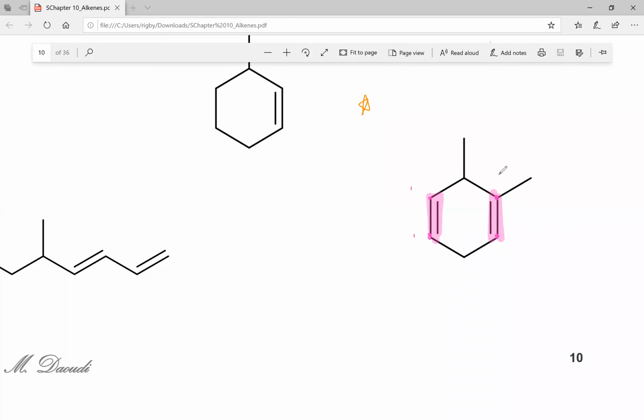So like 1, 1, 1, 1. But the way that we determine which one is going to be 1 is we look at which one's the most substituted. In this case, it would be this guy right here. So we go 1, 2, 3, 4, 5, 6. Okay? And so we see here that we have a double bond on 1 and 2, and then 4 and 5.